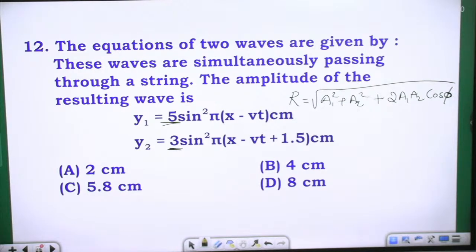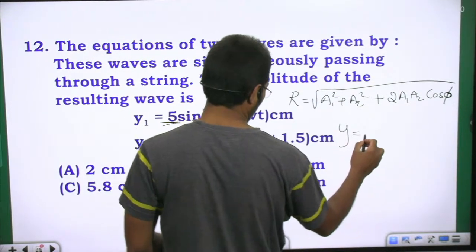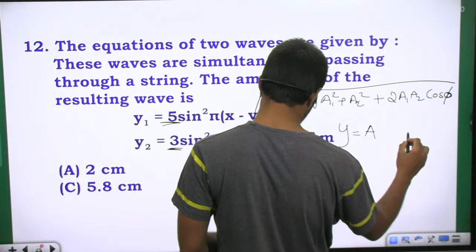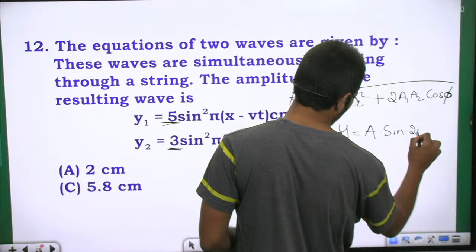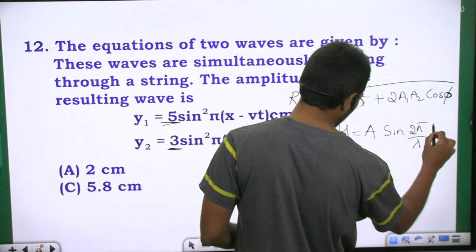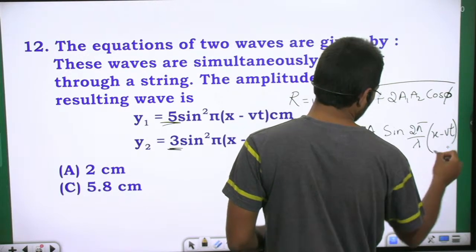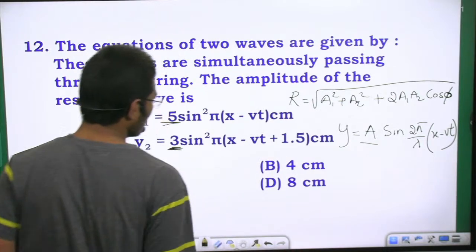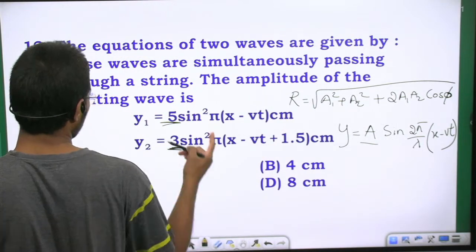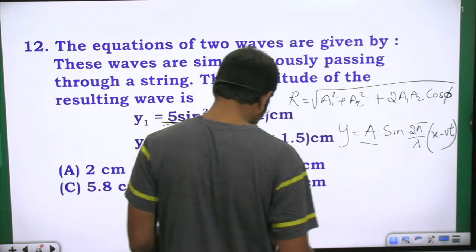From the standard notation that we know, this is the standard notation of the wave equation. So we have amplitude here. Now we are supposed to find the phase difference. Once we know the phase difference, we are done, because the amplitude of the resultant wave is being asked. So how do you find this phase difference?